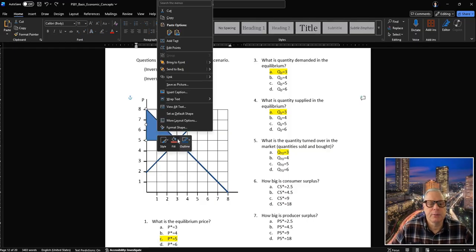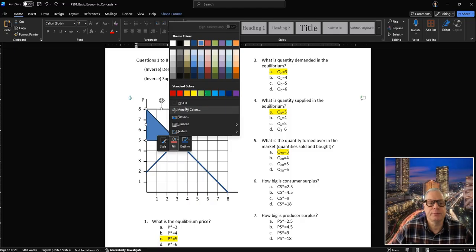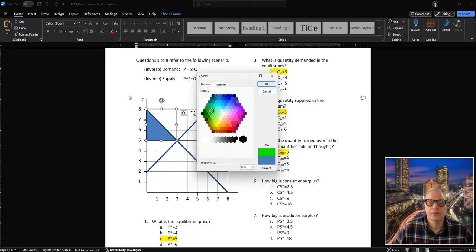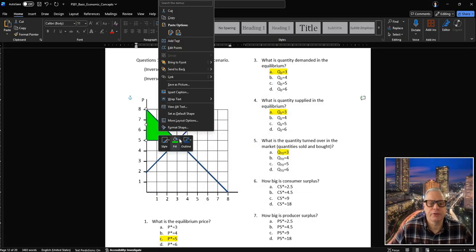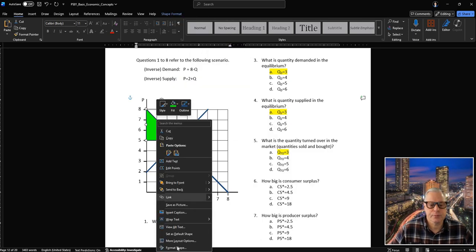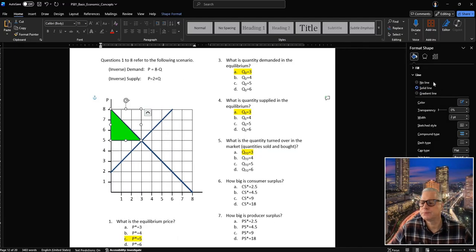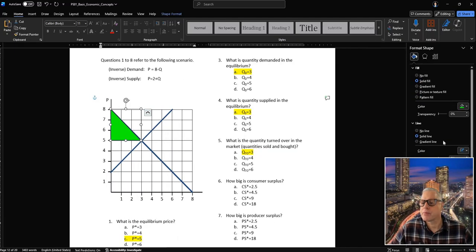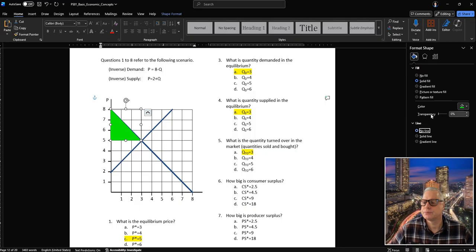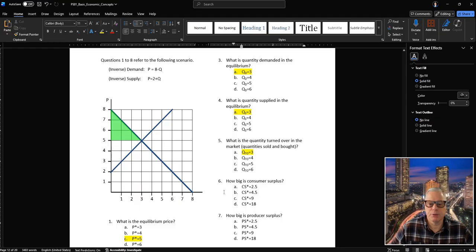Let's make it green like we always did, and let's also make it a little bit more transparent. So this area is obviously 4.5.